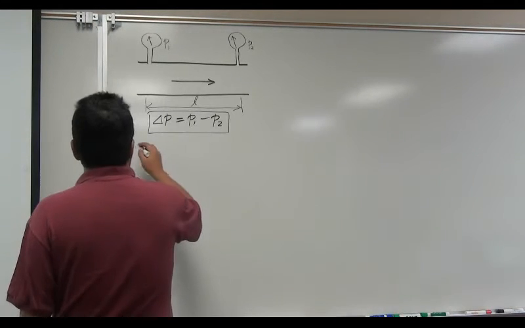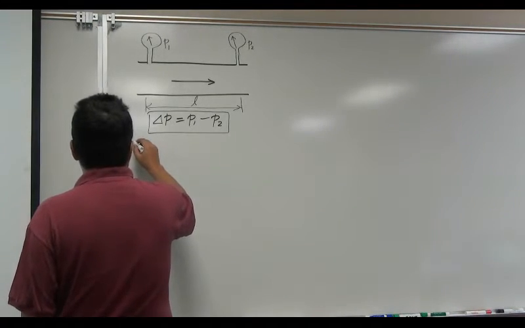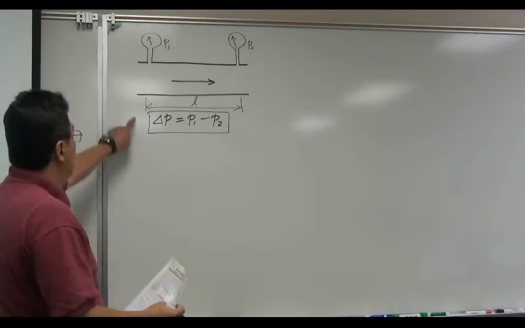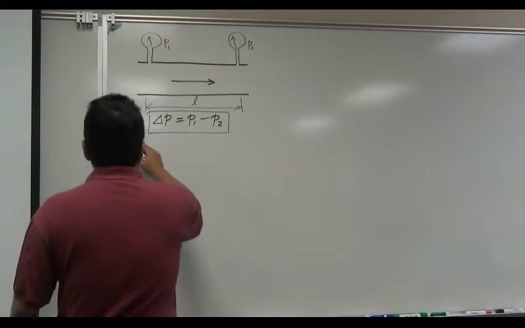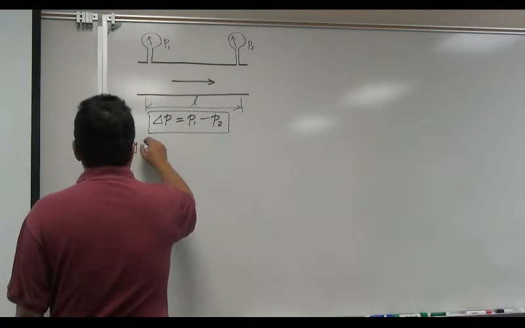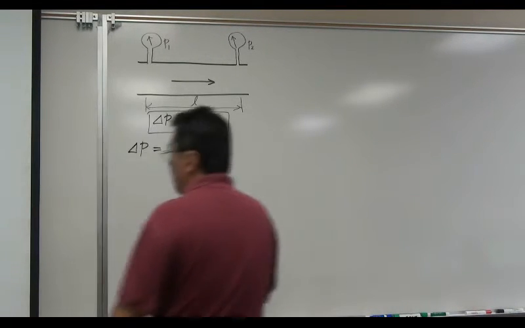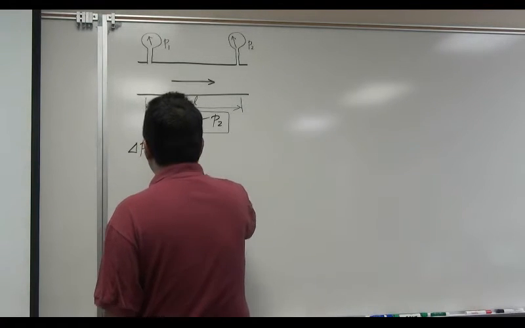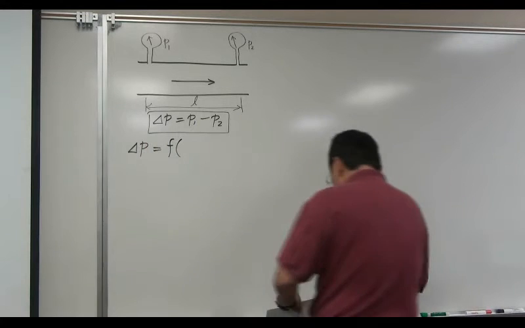So our purpose here is, let's analyze what the contributing factors of this pressure drop are. We do know delta P depends on multiple things. Delta P is a function of, okay, let's be careful.